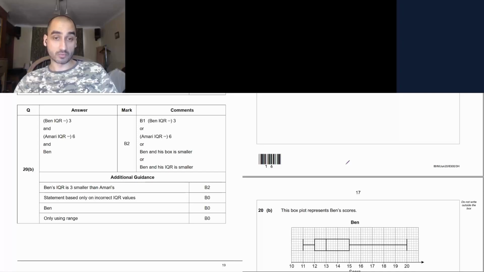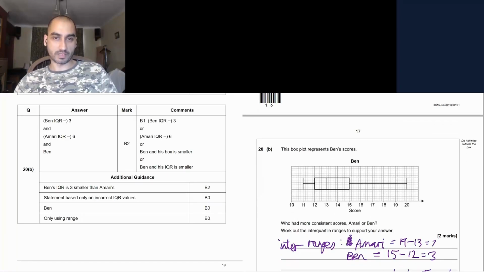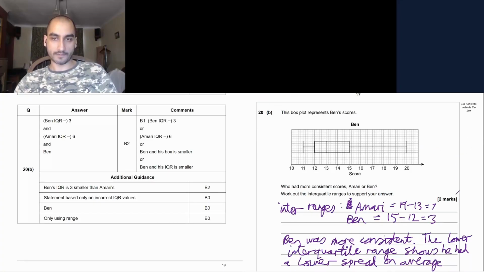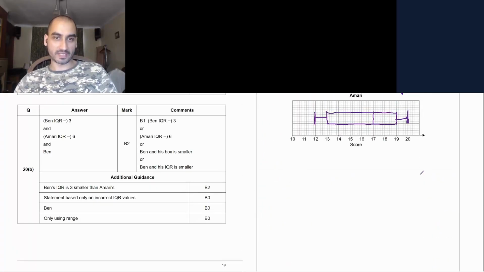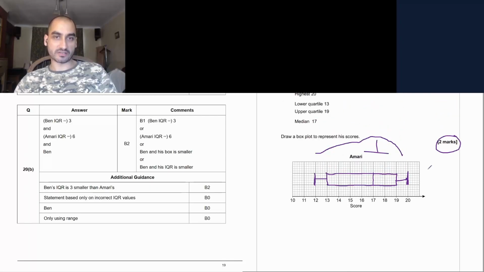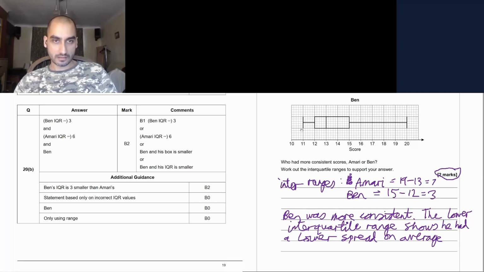Sorry, she had a smaller range, which could be argued is a measure of consistency, but Ben's interquartile range was more important. So, yeah. But, I mean, range is a valued measure of consistency as well, so I feel like you could argue it's Amari, but it doesn't matter.